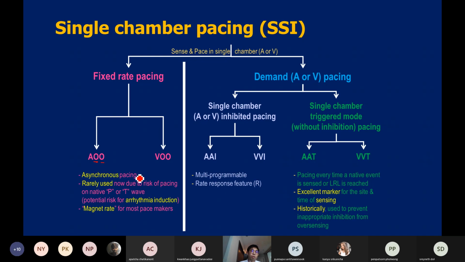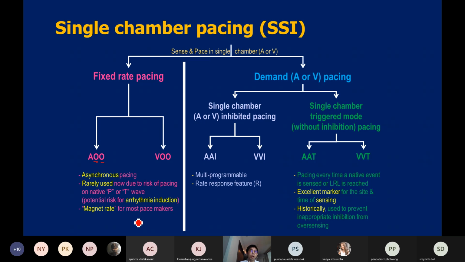This type is only used as a magnet rate. If you remember from the last session, there is a reed switch in the pulse generator that responds to the magnet.